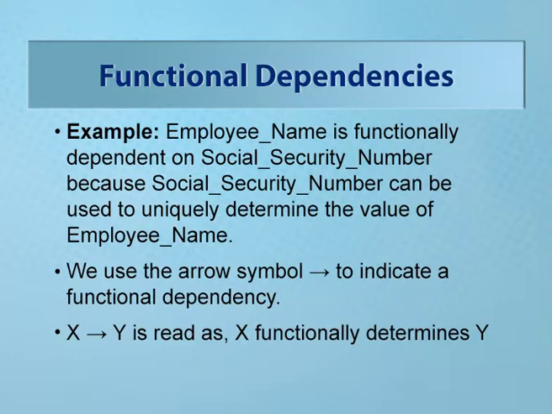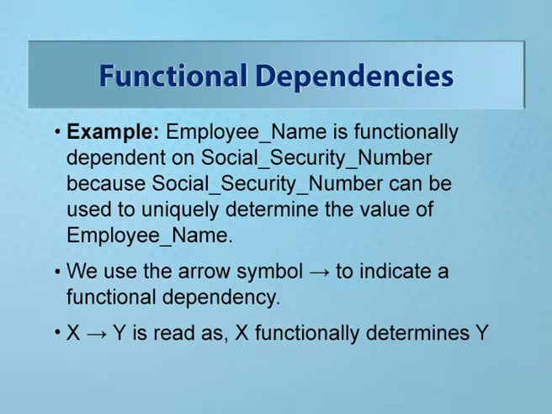At any instance, if you want to retrieve the employee name directly, you can give the SSN so that the employee name can be retrieved. Likewise, if the SSN is given and the pay needs to be retrieved, then also you can do that. So this particular field is determining the other field also.